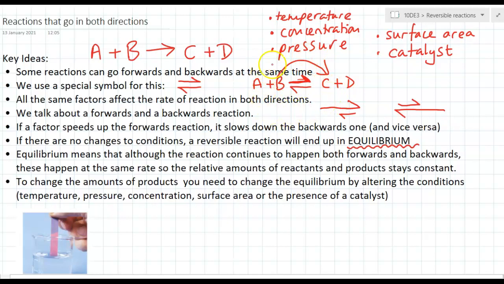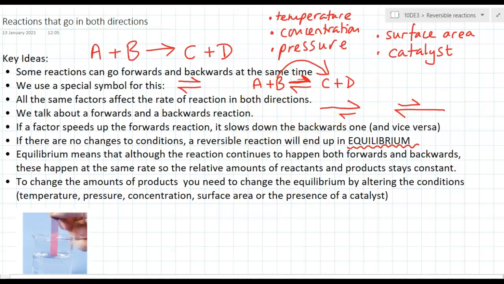Okay, so if you take things out or put things in at the same rate, what's left behind stays the same. Okay, imagine you had a jar full of marbles, yeah, 2 jars full of marbles, and you're moving marbles from one jar to the other jar. Okay, if you do it at exactly the same rate, there'll always be the same number of marbles in each jar. That's what equilibrium means.